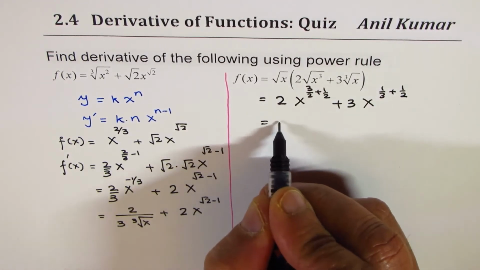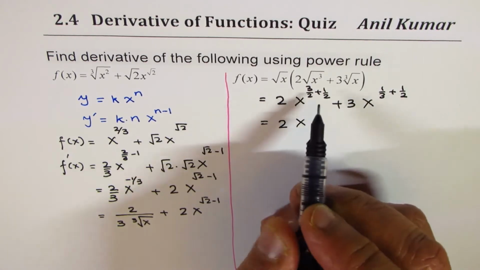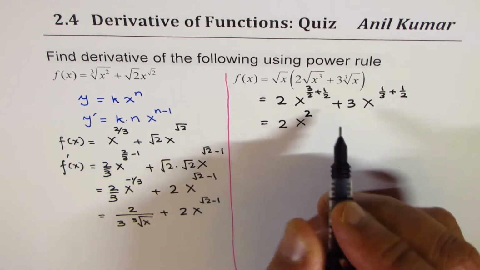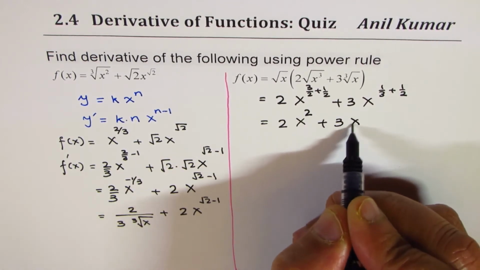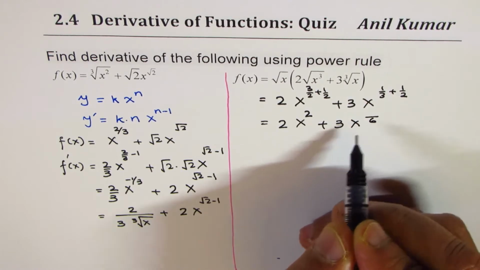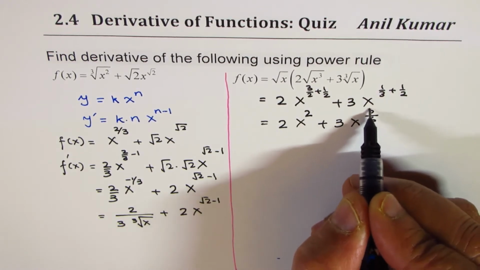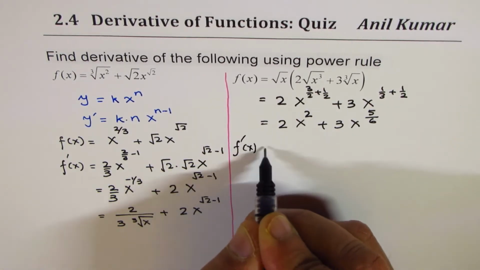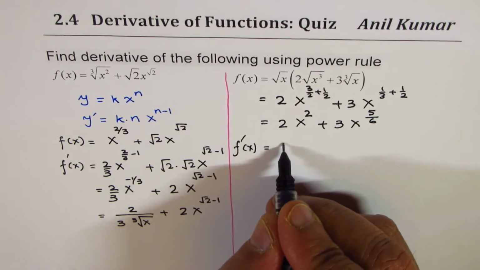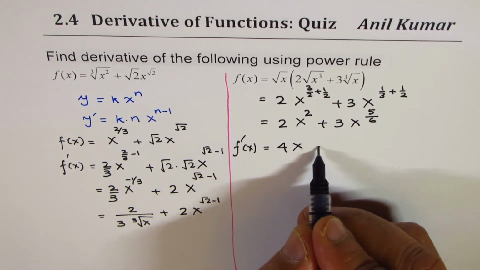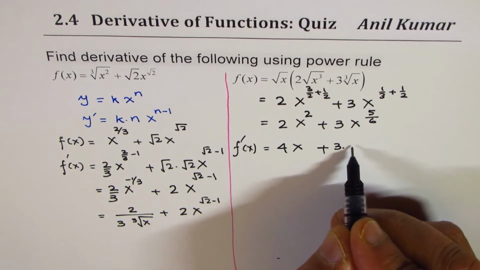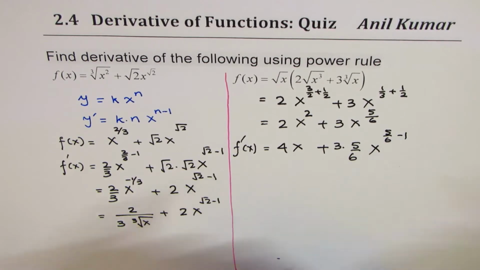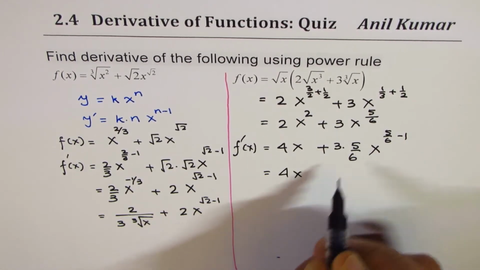So let's simplify this. We get 2x to the power of 4 divided by 2, right? 4 divided by 2 is 2, so it's square, plus 3 times x to the power of, here the denominator becomes 6. 2 plus 3 is 5, 5 over 6, correct? Now the derivative of this function can be written as 2 times 2, application of power rule, x plus 3 times 5 over 6 times x to the power of 5 over 6 minus 1, which is 4x.